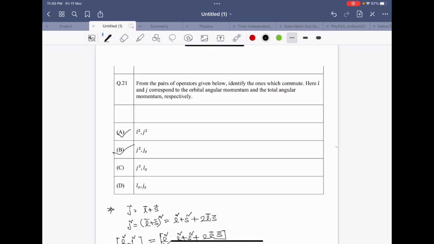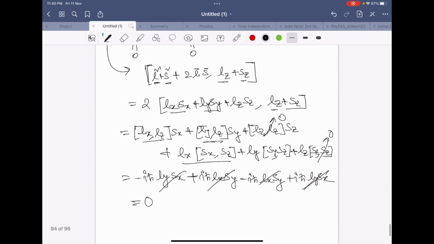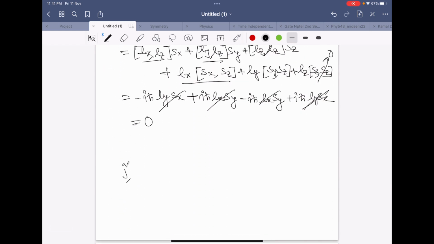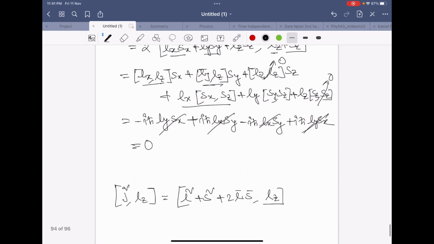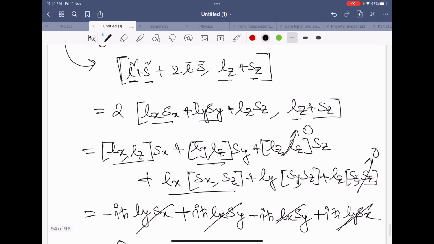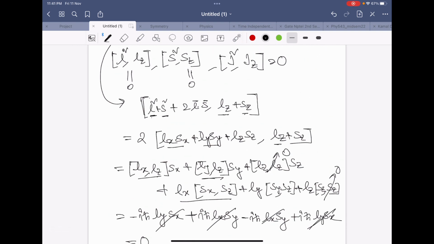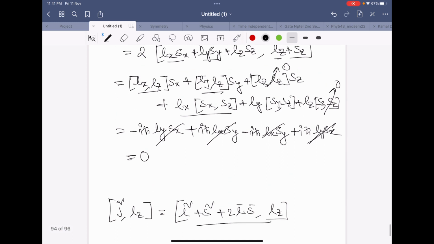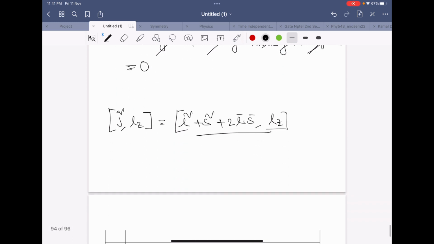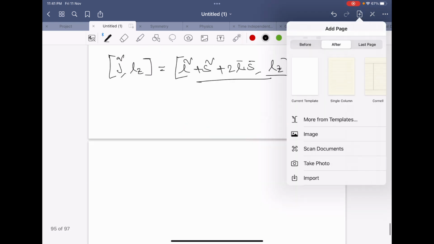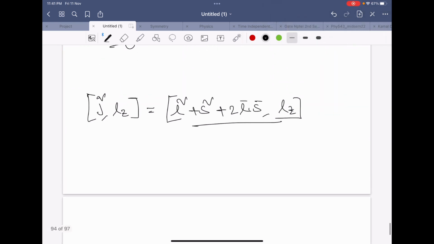Now option C, that is J square with Lz. J square is L square plus S square plus 2 L dot S, comma Lz. Basically we have done this calculation in the previous option, because Lz was there. We did extra calculation with Sz, so the first two terms we don't need to calculate again.